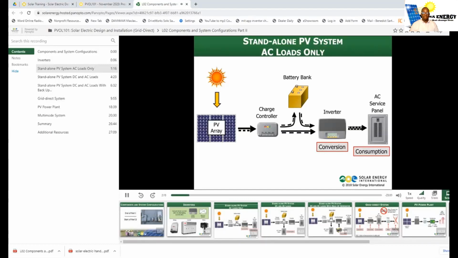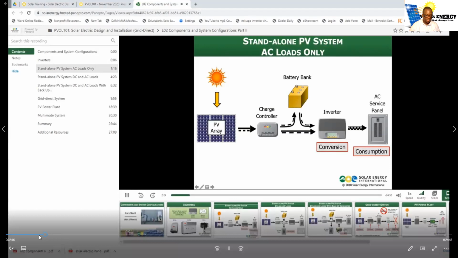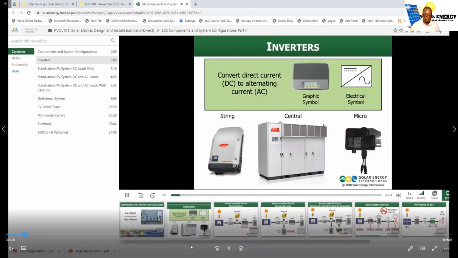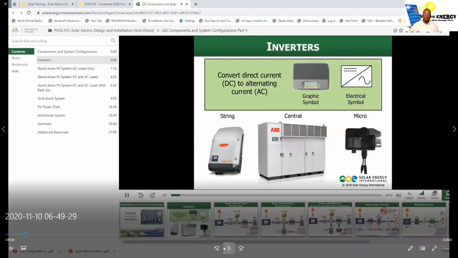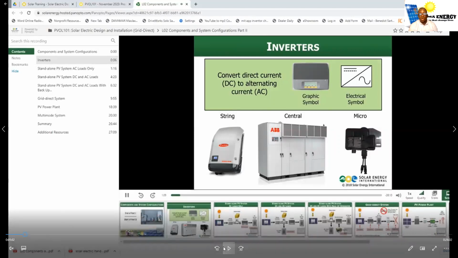So we have standalone PV systems. Your inverter converts direct current, DC, to alternating current, AC. The inverter plays a very vital role when it comes to building a PV system or using a solar system.